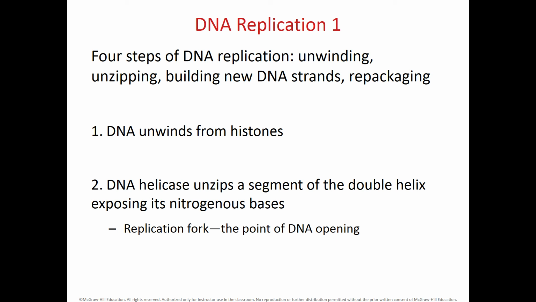Now we have an enzyme called DNA helicase that helps to unwrap the double helix and exposes these nucleotides. When it does that, it forms something called a replication fork, in which you have one strand going in one direction and the other strand going in another direction.